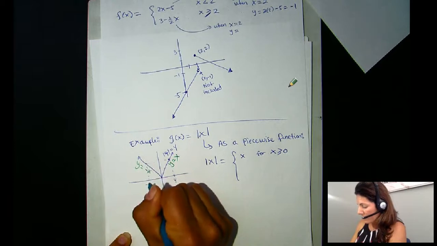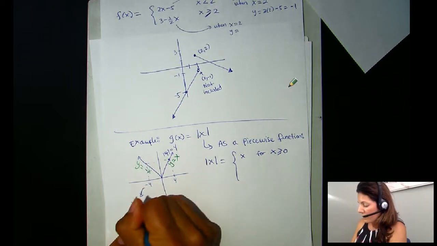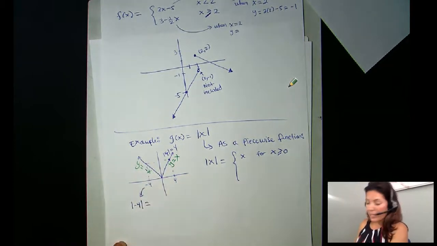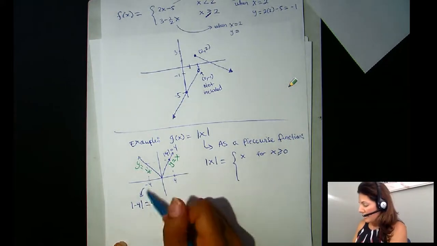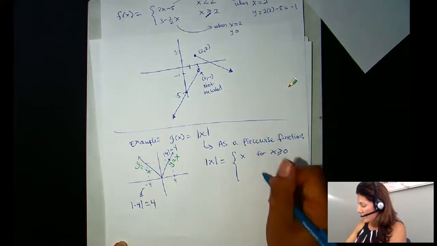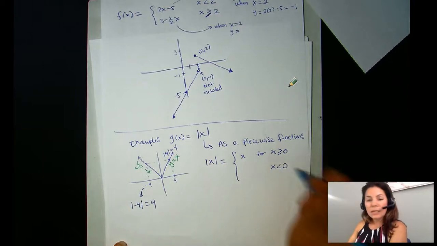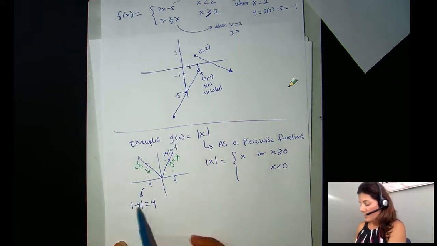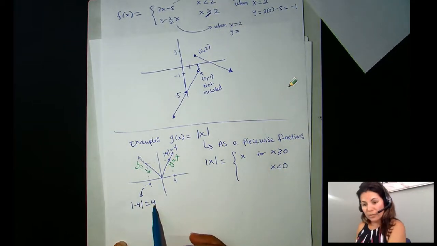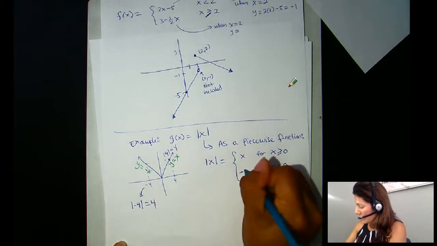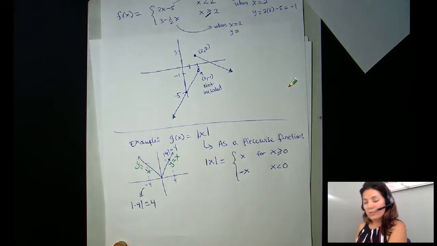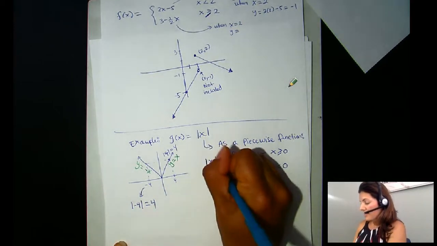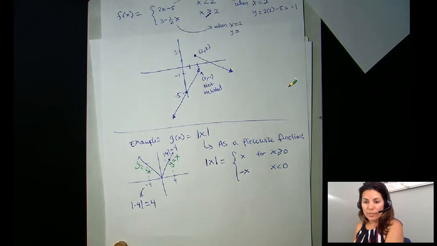If you put in negative 4, you will get 4. So it's a positive. And so when x is negative, we want the opposite. We have negative numbers, so we want the opposite. So it is negative x. So that's how the absolute value is defined as a piecewise function. So it's the combination of the two, y equals x and y equals negative x.